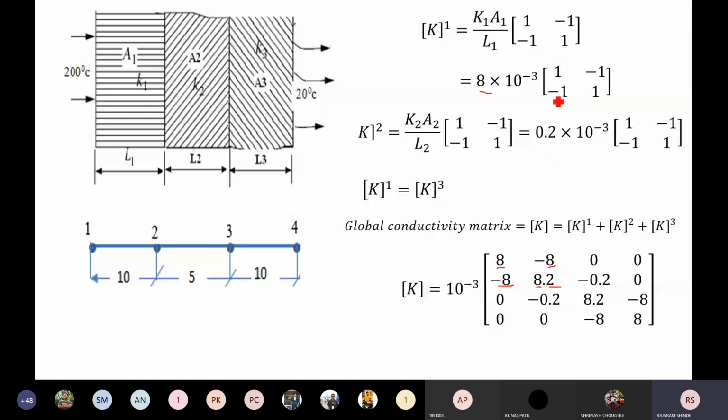Now your element number 2 is starting from here, and this one is your element number 2. The remaining part is element number 1, and here I will use different colors.